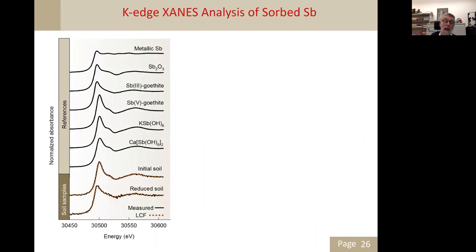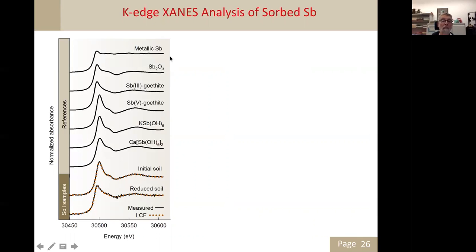To test the hypothesis that there were really redox changes in the antimony speciation, Kerstin also performed potassium K-edge synchrotron X-ray absorption near-edge spectroscopy of the antimony on the soil in these experiments after the microcosm experiments had finished. Well, and on the initial soil. So on the soil that was reduced after some weeks and the soil before it was put in.